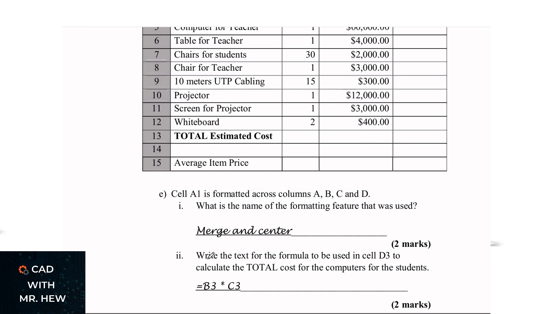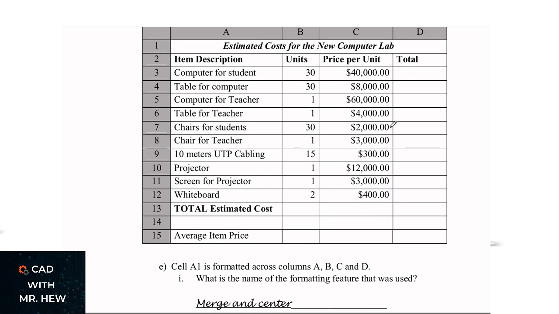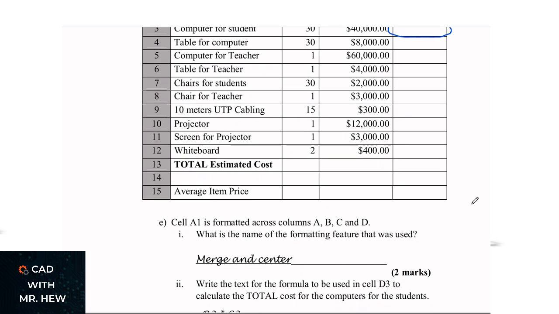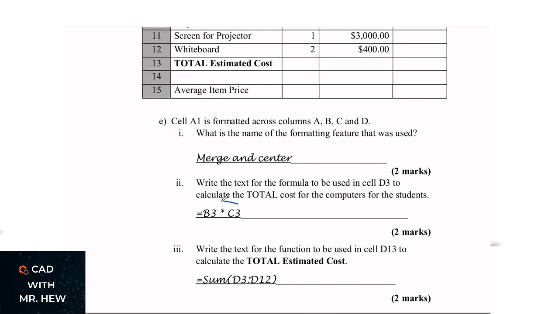All right, another question, and the answer is equal B3 times C3, right? So in cell D3, which is this one, the correct answer is this, and you would get 2 marks.